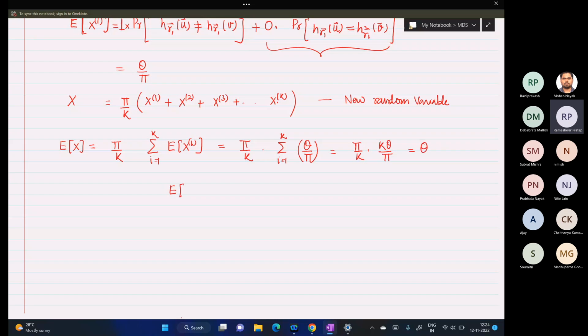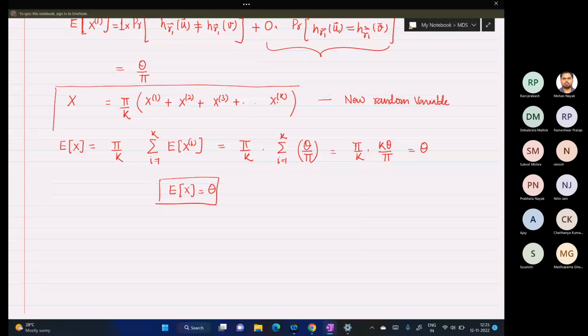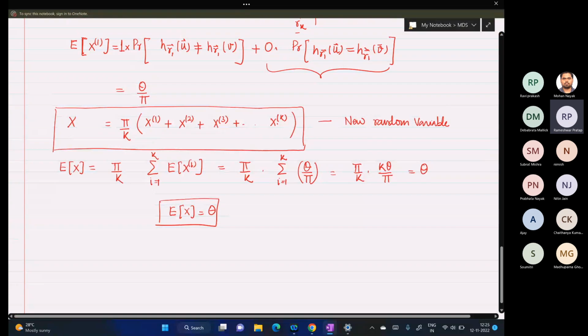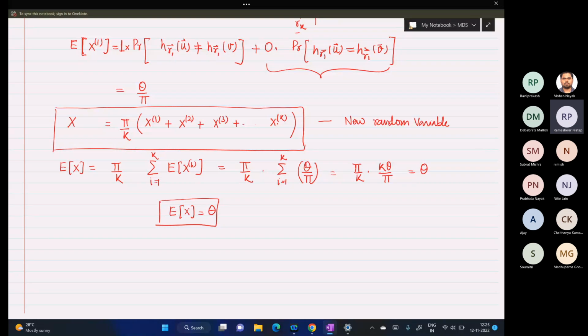So E of x is theta. Is this part clear? Essentially we repeated the thing k times, and corresponding to each event we designed an indicator random variable, and our final random variable is just adding up all those k indicator random variables and scaling by pi by k.